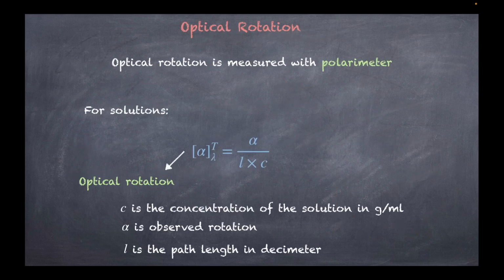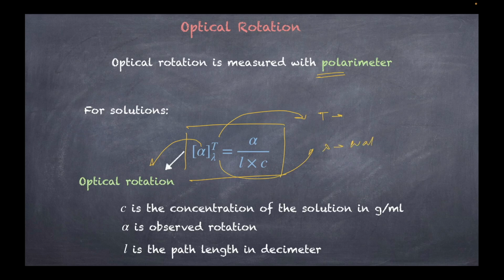Now the optical rotation is measured with an instrument called a polarimeter. For any given solution, the specific rotation is expressed by this equation. Here alpha is the optical rotation, written within square brackets with superscript T, the temperature of our solution, and subscript lambda, the wavelength of incident light.